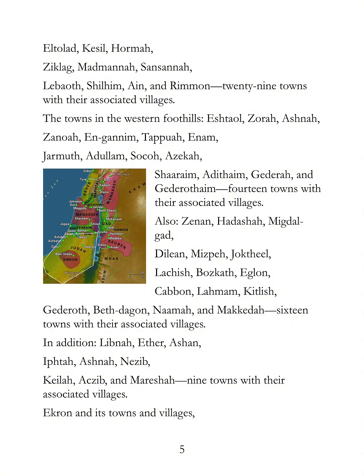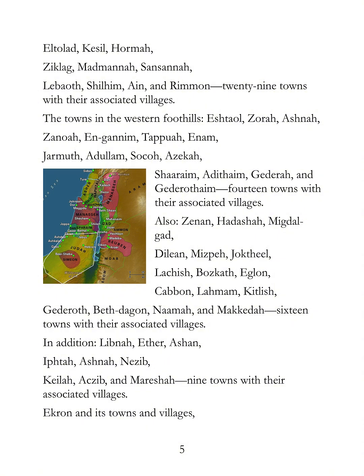The towns in the western foothills: Eshtaol, Zorah, Ashnah, Zanoah, En-Gannim, Tappuah, Enam, Jarmuth, Adullam, Soko, Azekah, Shaaraim, Adithaim, Gederah, and Gederothaim, 14 towns with their associated villages.